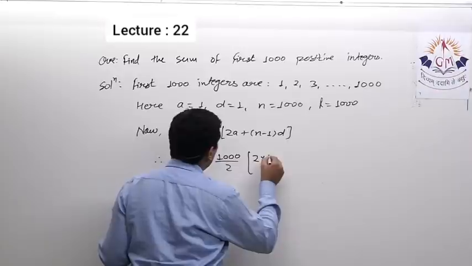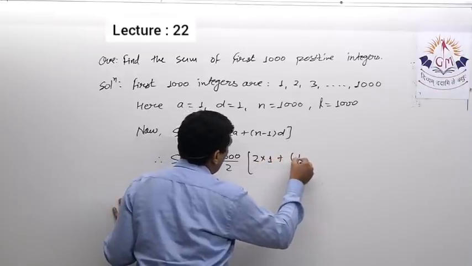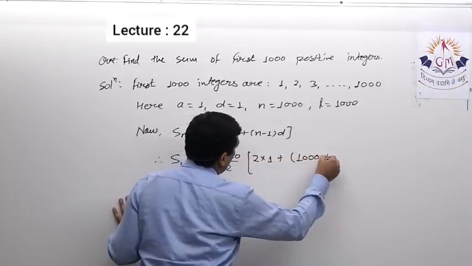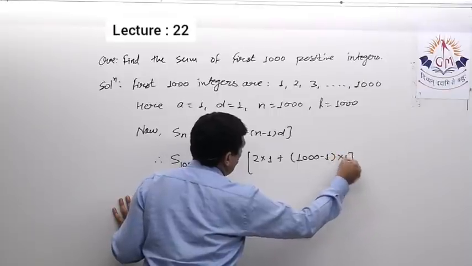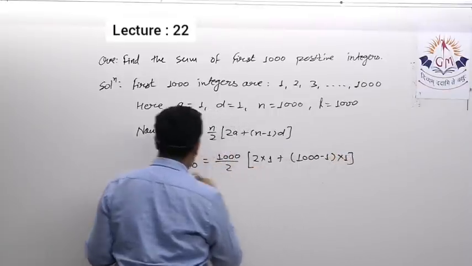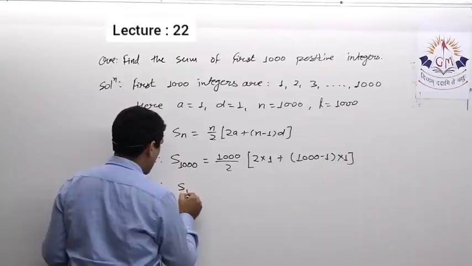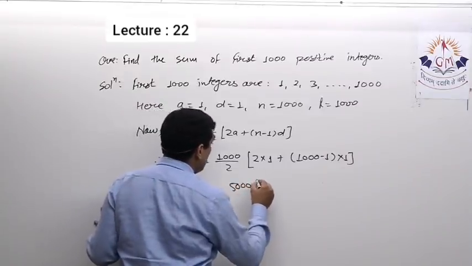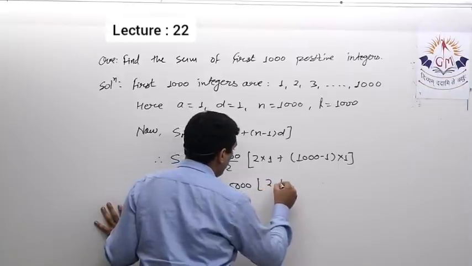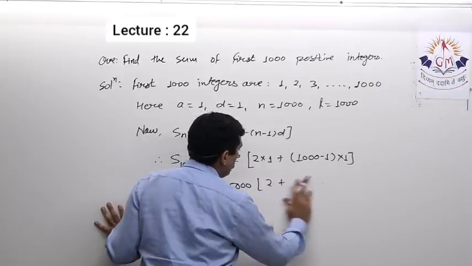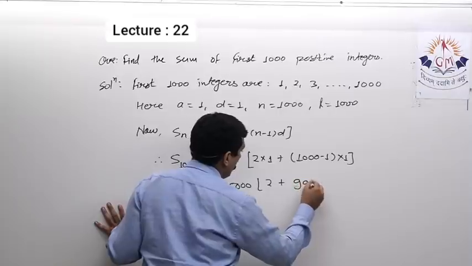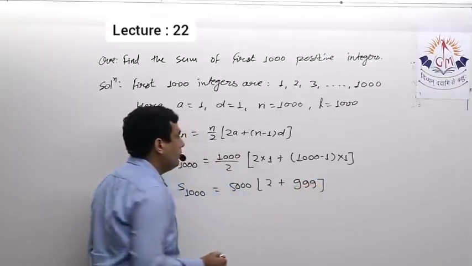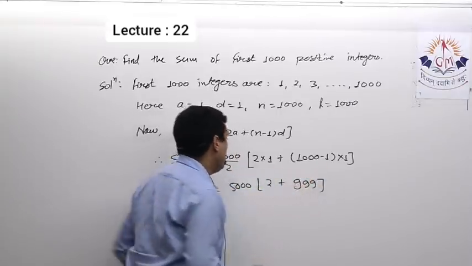So 2 into 1 plus 1000 minus 1 into 1, therefore S1000 is equal to 500 times 2 plus 999. Okay, 1000 minus 1 is 999.